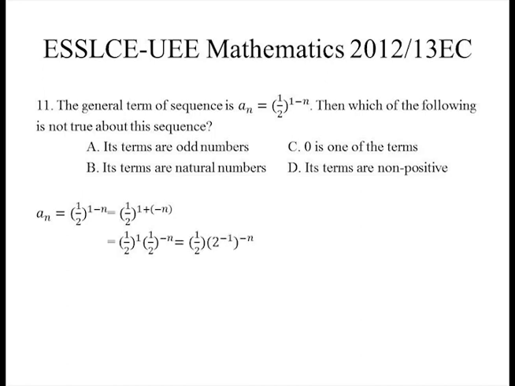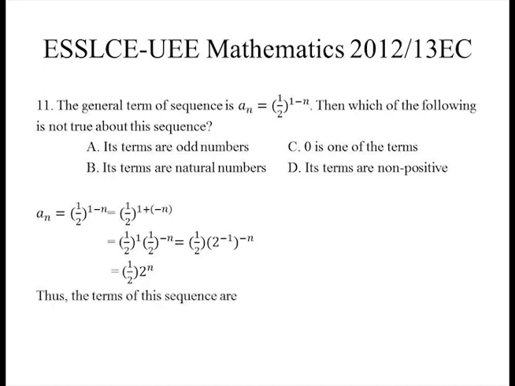This is equal to 1 over 2 times 2 to the power of negative 1, the whole to the power of negative n, which is equal to 1 over 2 times 2 to the power of negative 1 times negative n, which is 2 to the power of n.